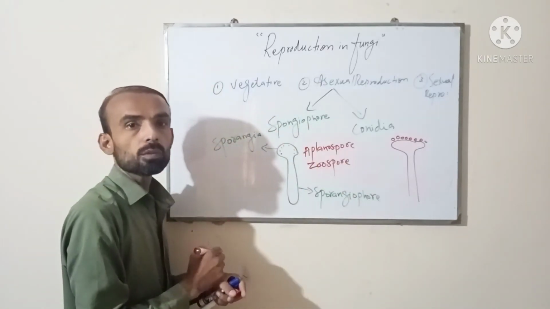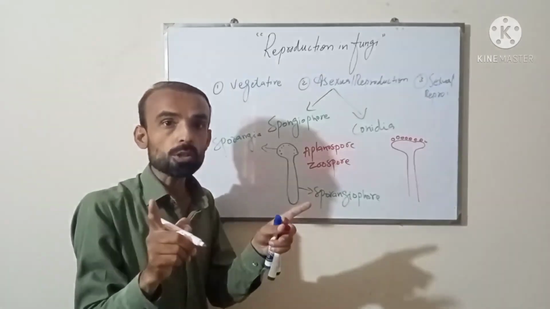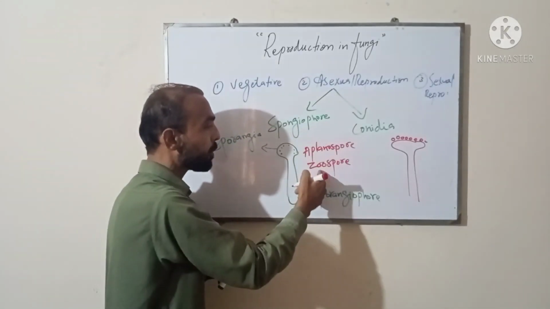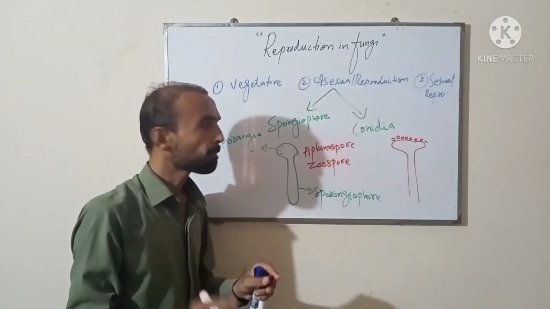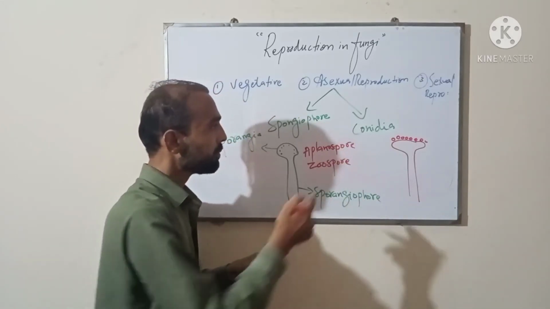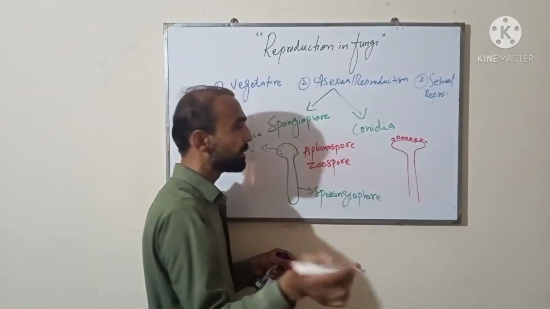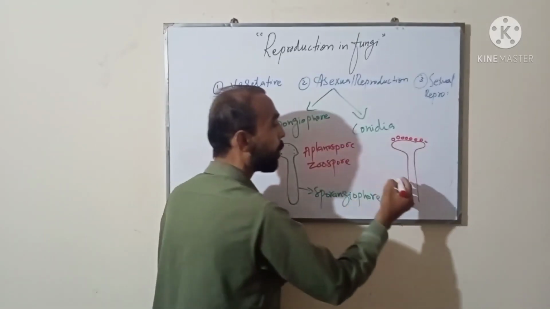Aplanospores are spores which are non-motile, and zoospores are spores which are motile. But conidia will produce only non-motile spores. The structure which produces these spores is known as the conidiophore.